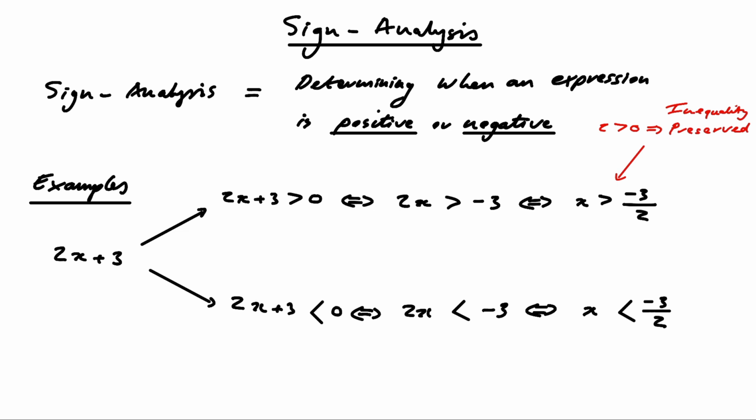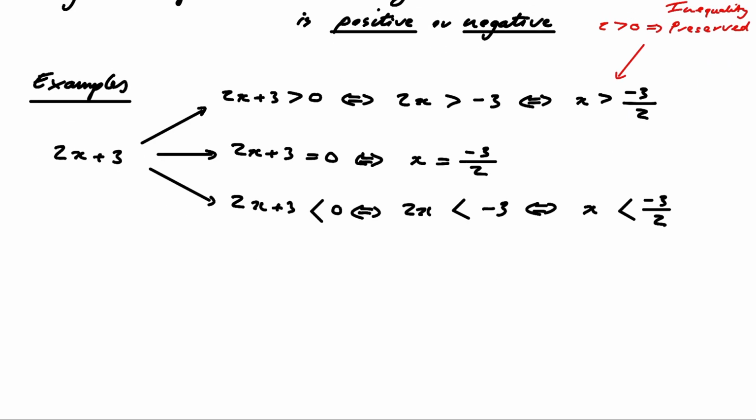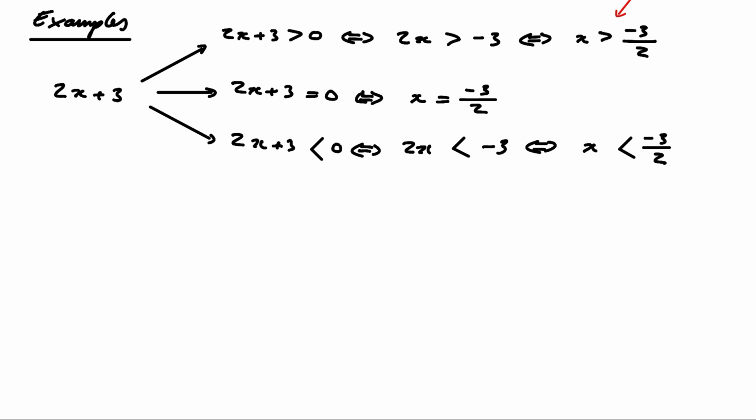Of course, the central position would be if 2x plus 3 is equal to 0. By the standard pieces of algebra we've seen many times now, this is if and only if x is equal to minus 3 over 2. Let's gather this together into one reasonably easy to understand format. I think it's good to think visually about this. We're really asking where on the number line 2x plus 3 is positive and where it's negative.